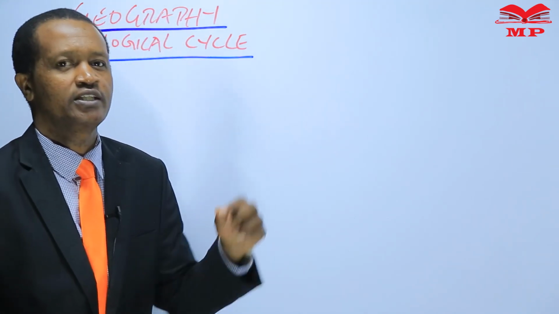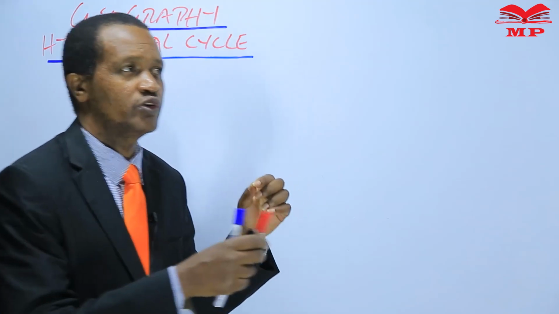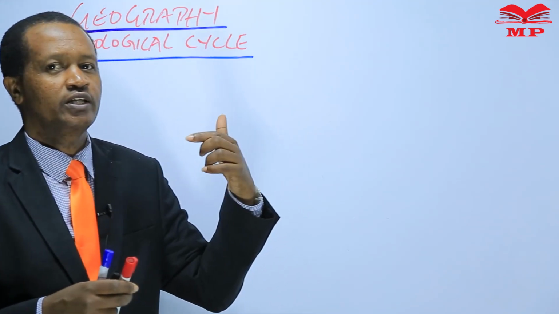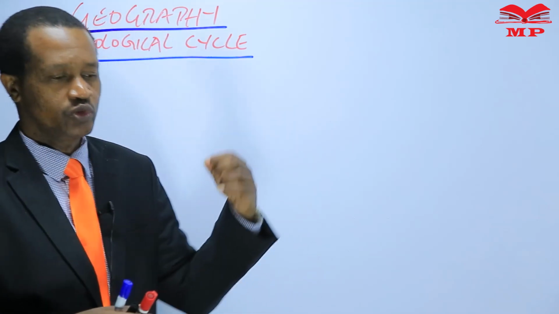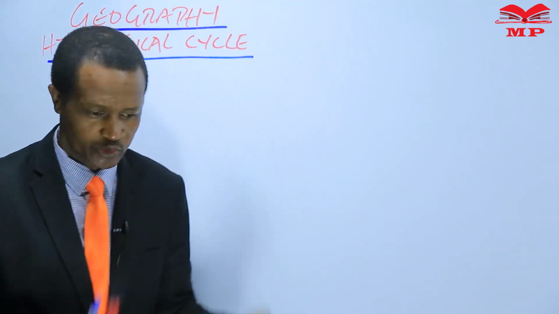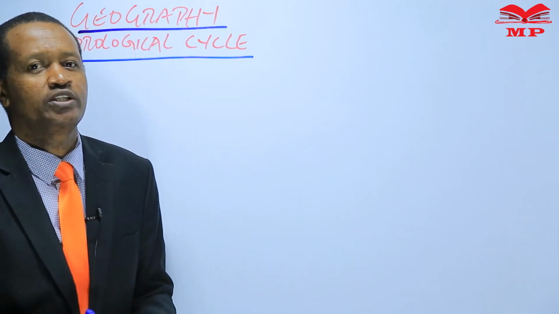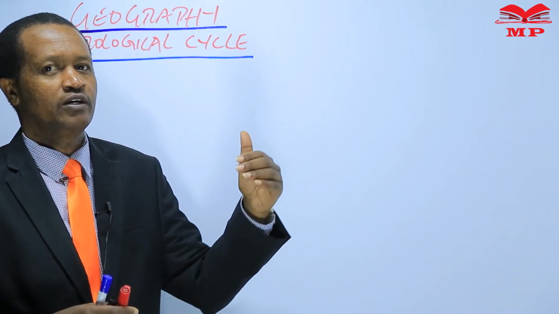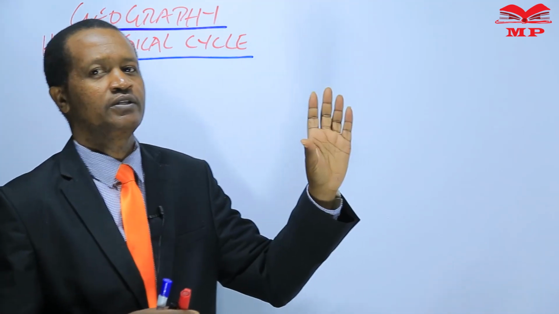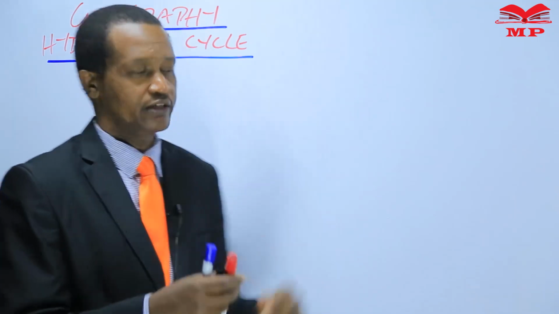Then we stated that the circulation of water is carried out through several processes. In today's lesson, I want to explain the processes through which water is carried from the air to the earth's surface and then back to the air.